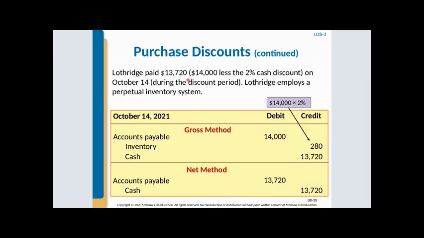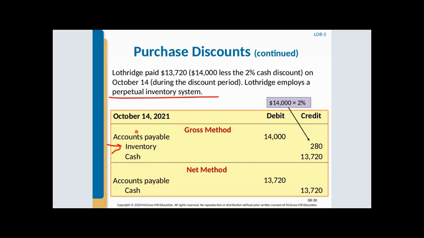Okay, if we happen to pay it within the 10 days, if we're using the gross method, that discount, remember we're using perpetual inventory system, right? Oh, wait, let me get my pen. Perpetual inventory system, we're going to use inventory. We're going to credit the inventory account for the discount, okay?